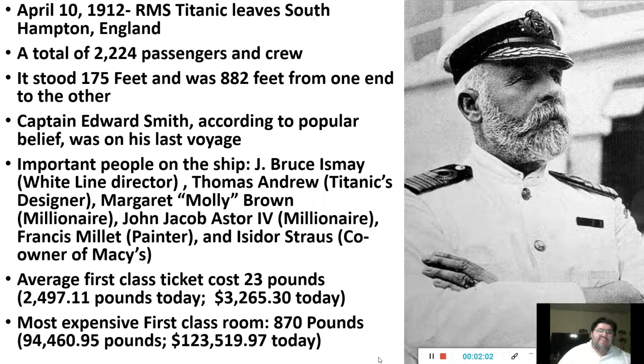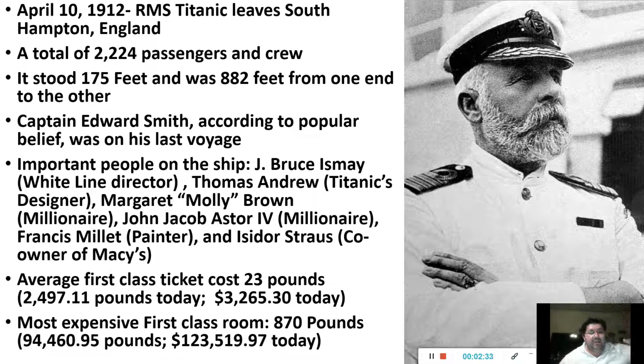Okay, so on April 10th, 1912, the RMS Titanic leaves Southampton, England. When it leaves, it has 2,224 crew members and passengers. Now, this ship was truly wow at that time. It stood 175 feet from the bottom to the top, 175 feet tall.